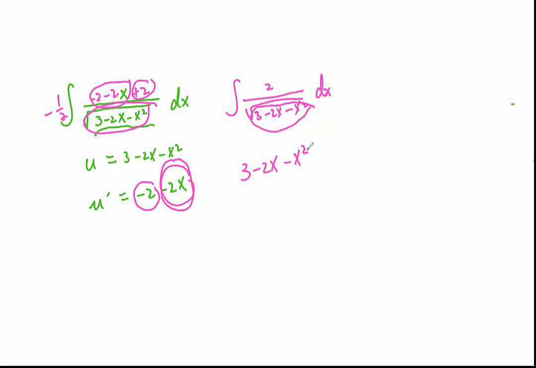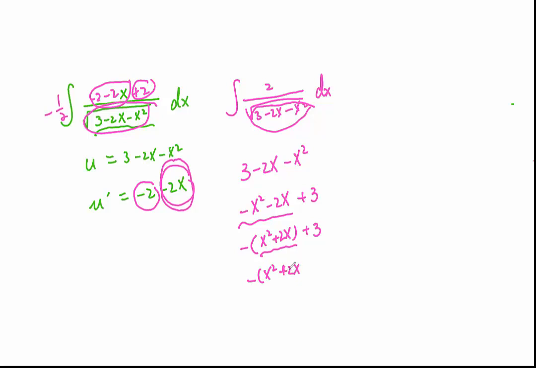Completing the square, I'm going to have x squared in front. That's going to be negative x squared minus 2x plus 3. Factor out negative 1. So we're going to find b over 2, which is 2 over 2 squared, which is 1. So we need a 1. That's negative x squared plus 2x.